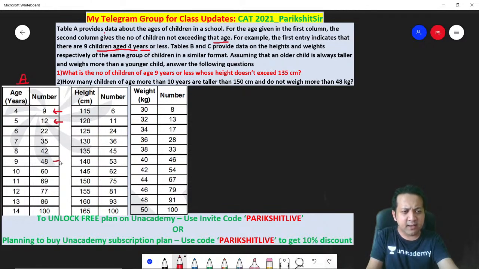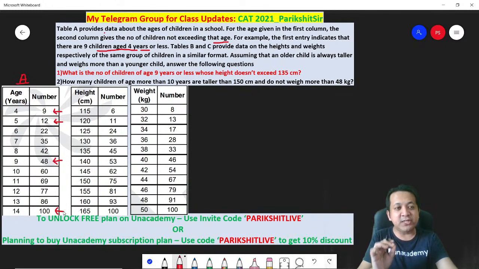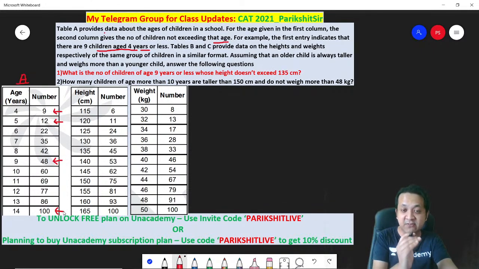How many children have age 9 years or less? 48 children. How many children have age 14 years or less? 100 children. So I hope you understand this point. It says how many children have age 4 or less, so equal to or less than that is what is given to you in table A.